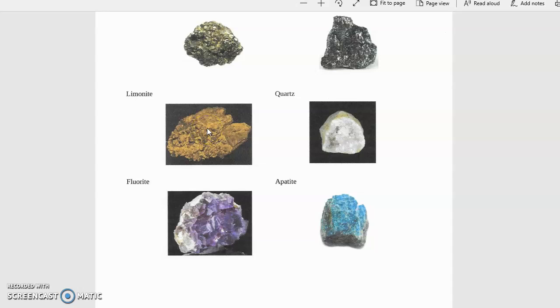It only looks more brownish and blackish when you have high concentration, when it's in a big lump. This right here is down to a hardness of 5, and there's no cleavage pattern associated with this.